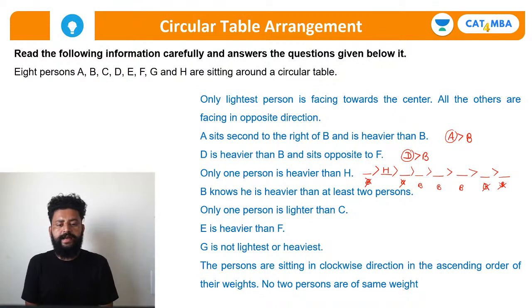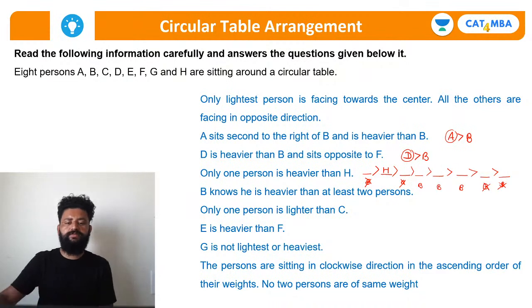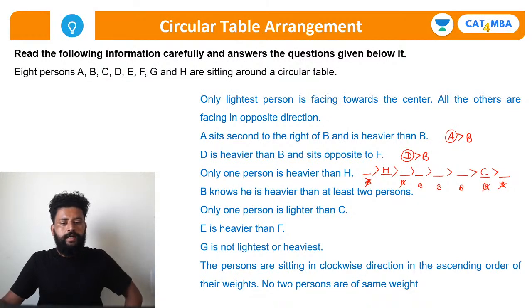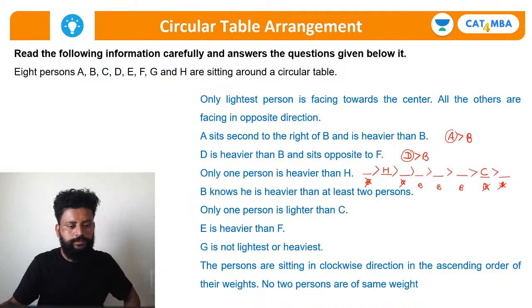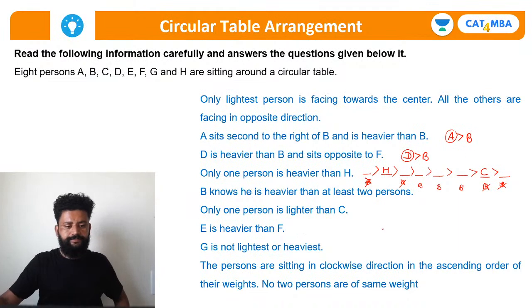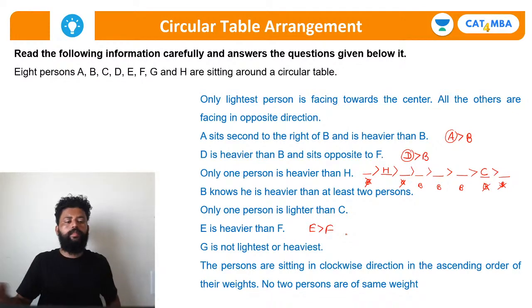Then only one person is lighter than C. Only one person is lighter than C means for sure we know here is the person, here it is C, and there is only one person who is lighter than C. After that, E is heavier than F. G is not the lightest or heaviest, so G must be somewhere in between.